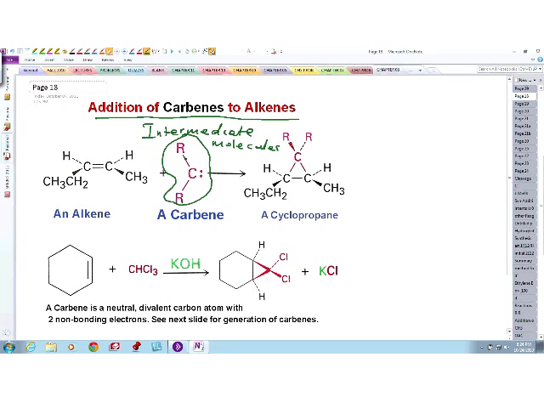If you take a look at this molecule here, you only have 6 valence electrons surrounding carbon. So therefore, it is highly unstable, just as unstable as your carbocation. So this type of molecule is referred to as a carbene, and they are very reactive. As you can see here, this carbon could add to a carbon-carbon double bond to form a cyclopropane.